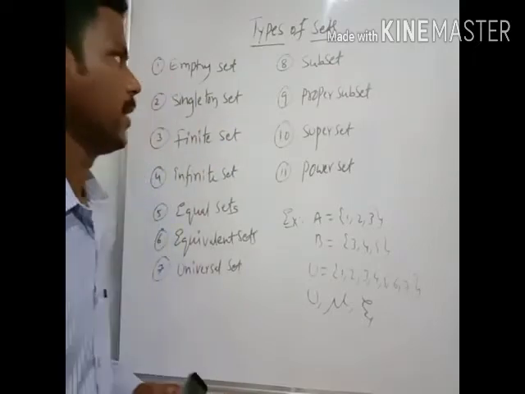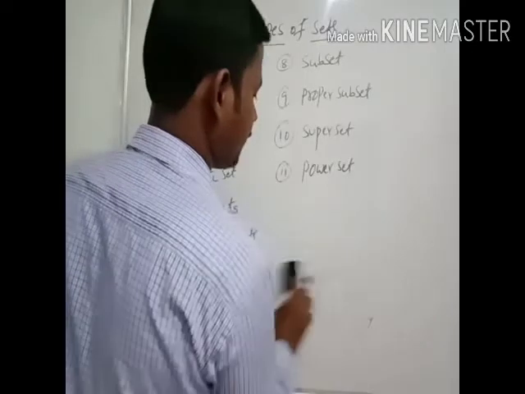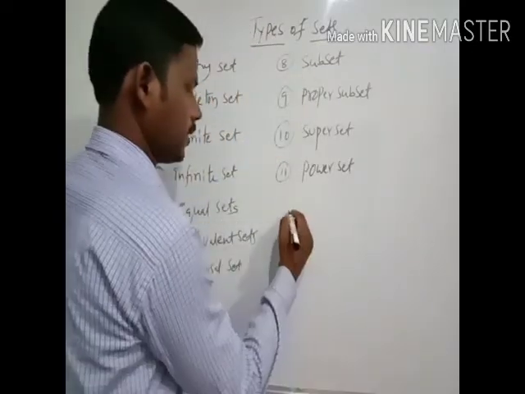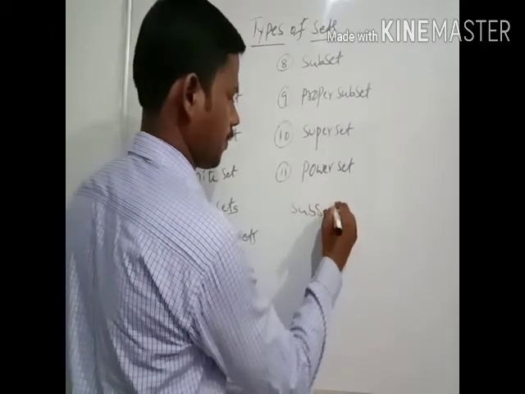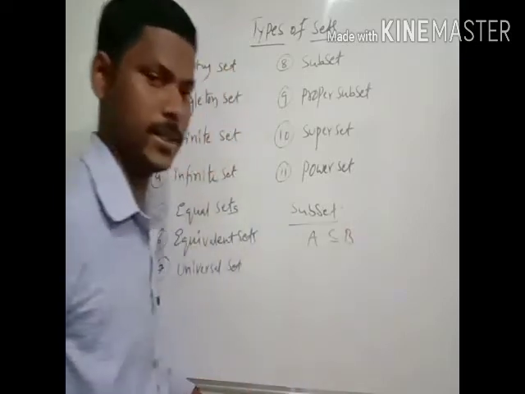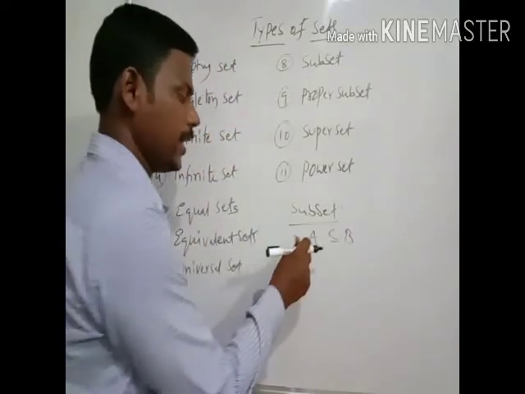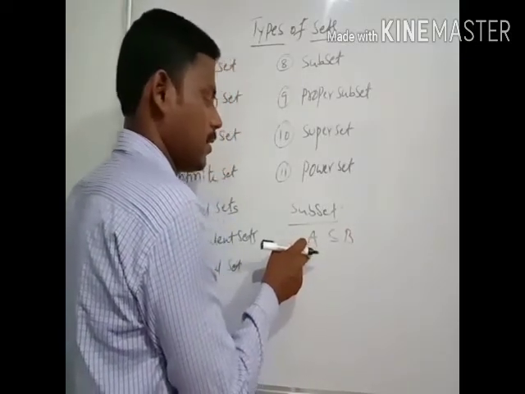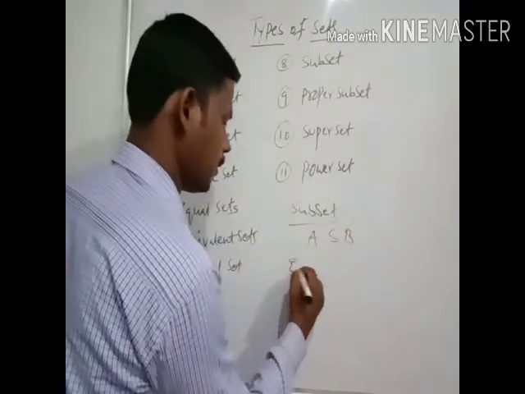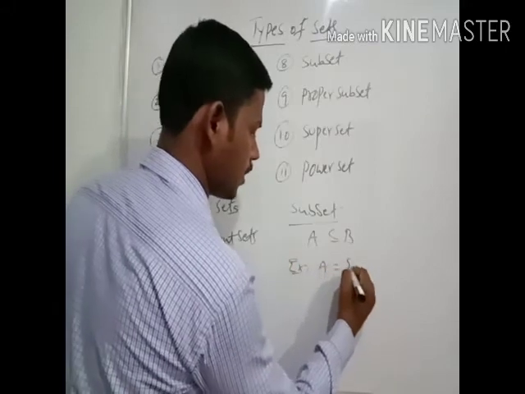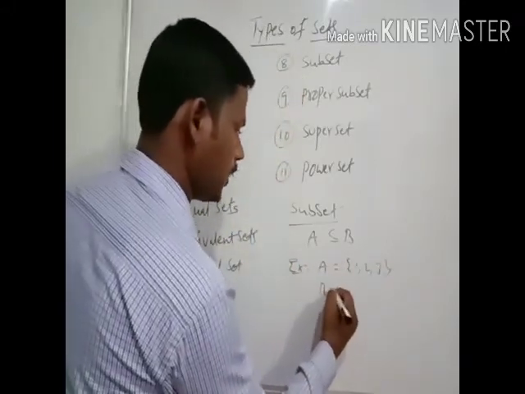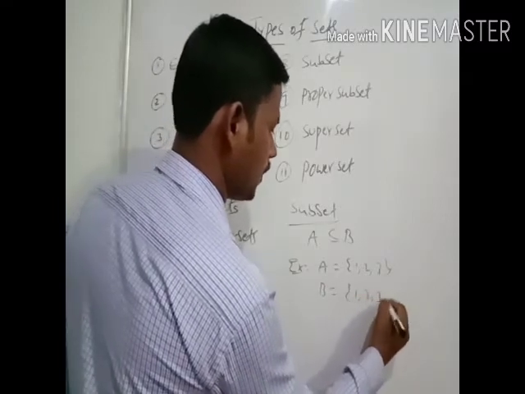Okay, children? Next, subset. What is a subset? A is said to be a subset of B if and only if every element of A is an element of B. Example, A is equal to {1, 2, 3}, B is equal to {1, 2, 3, 4}.